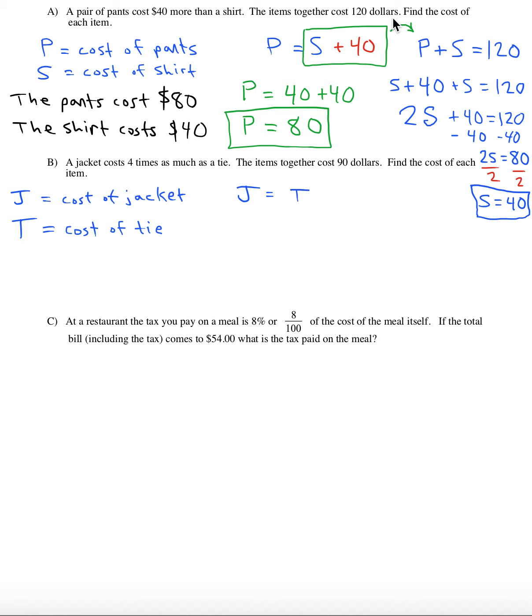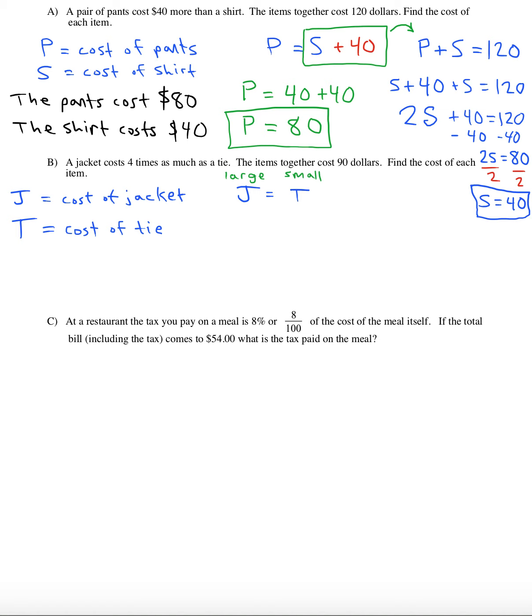The jacket actually costs more. So this side of the equation is large, and this side would be small right now. We need to introduce a 4 here, and we want to do a multiplication: 4 times one of the variables.